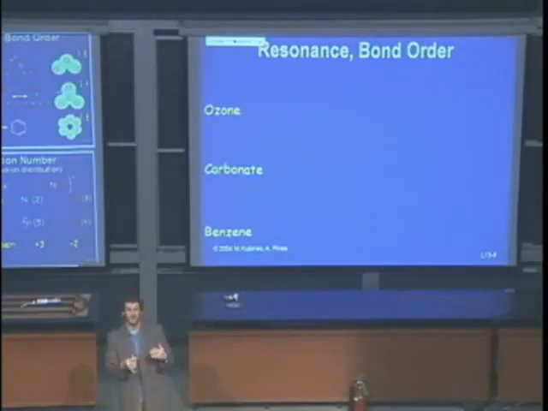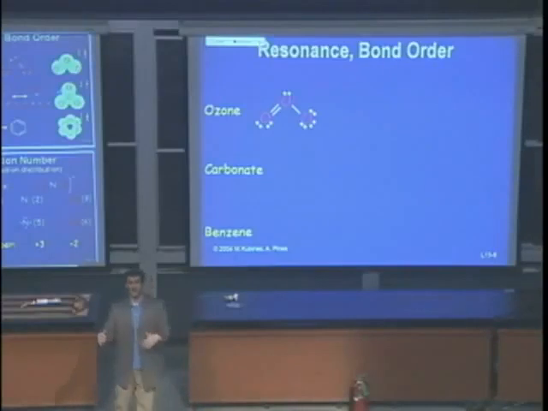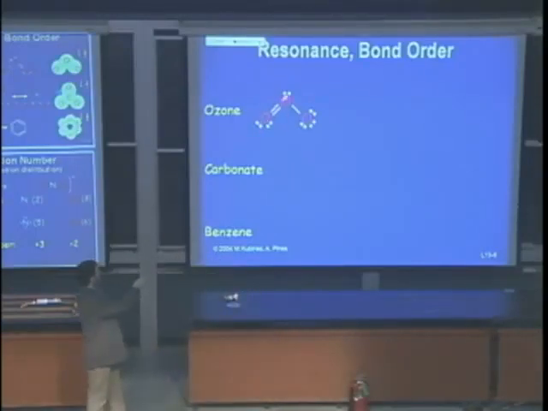Okay, let's move on to talking about resonance structures and bond order. So we'll start with ozone. I've got 3 oxygens. My oxygen has 6 valence electrons, so I'm going to have a total of 18 valence electrons in my compound here. Now, I have to form this double bond because if I were to have a lone pair here and a lone pair here to give the octet, I would need 20 electrons to do that, and I only have 18, so I'm forced to give 3 bonds to one of the oxygens.